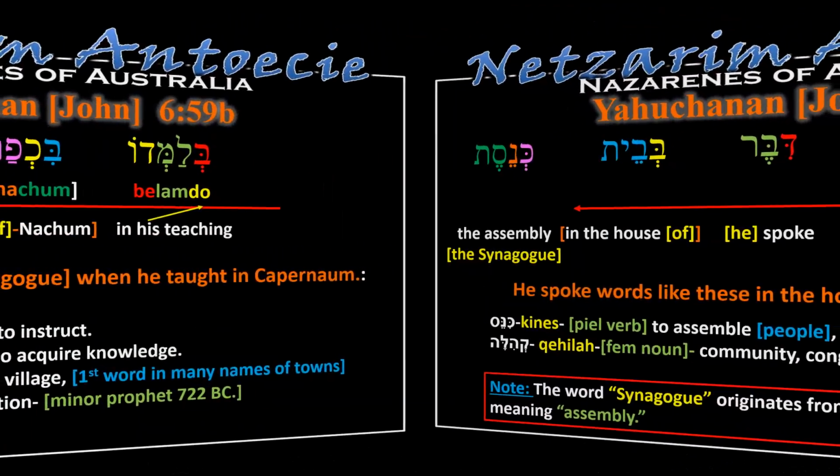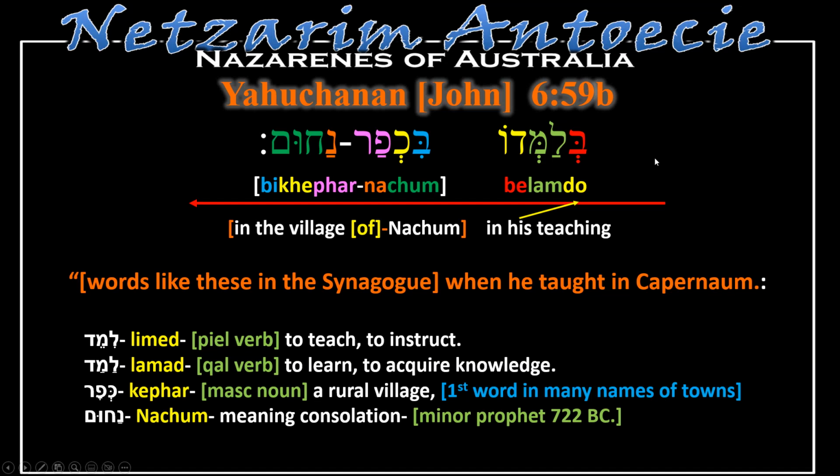And so we come to 59b. We have a bet, lamed, mem, daled, vav. Bet, kaf, fe, resh, nun, chet, vav, mem, so fit. And we read, be, lamdo, in his teaching. Remember, the bet is in and the O at the end is his.